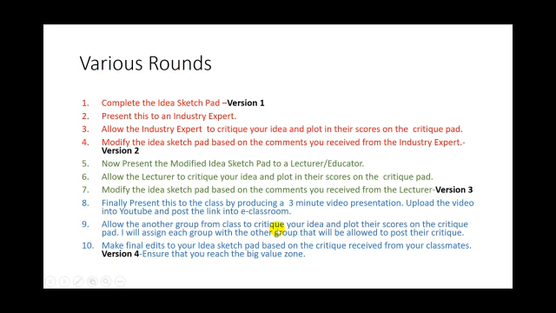The final round is where, given the criticism you receive from the other group members in class, you and your group will now have to make the final modification to your idea sketchpad.